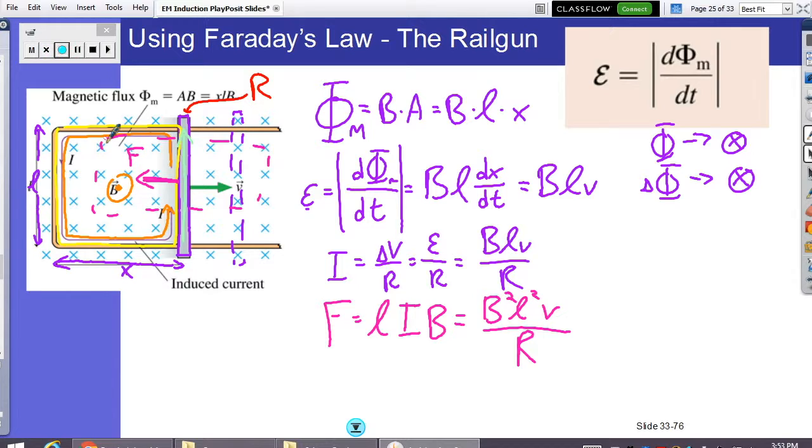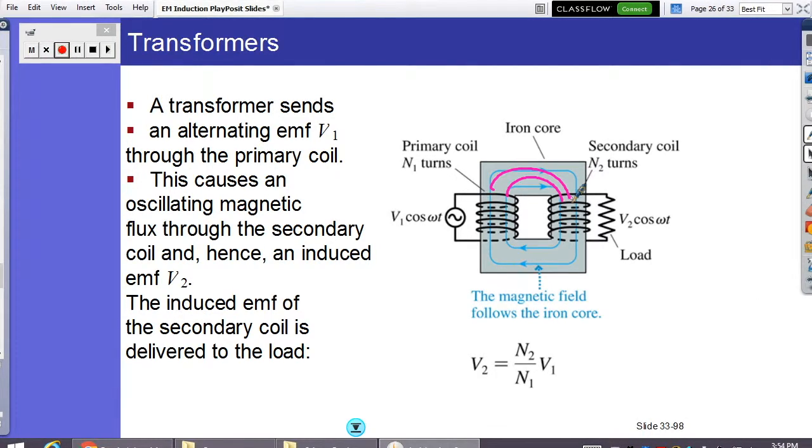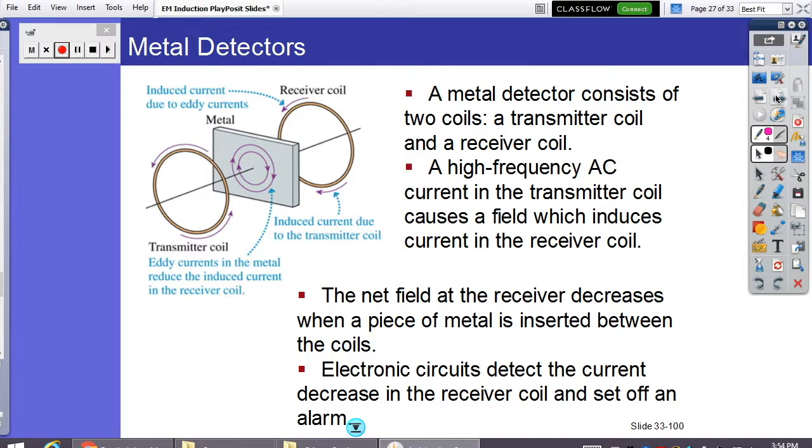But we can go ahead and calculate pretty much all the things we want. All right. This has a lot of applications in real life, which we can talk about a little more in class. Transformers: if I have some alternating current going through one side, it can induce a current in a separate little loop.